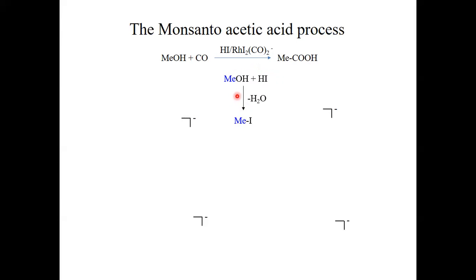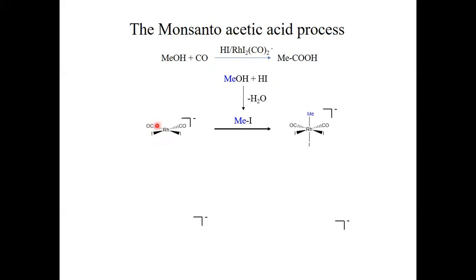The reaction actually lies more on the side of the methanol, but we form enough methyl iodide that follow-on reaction steps can proceed at a significant rate. So now this methyl iodide reacts with our rhodium catalyst.